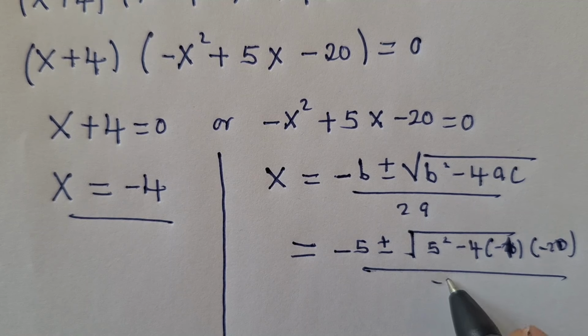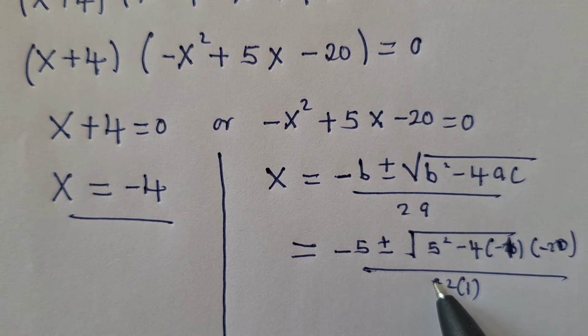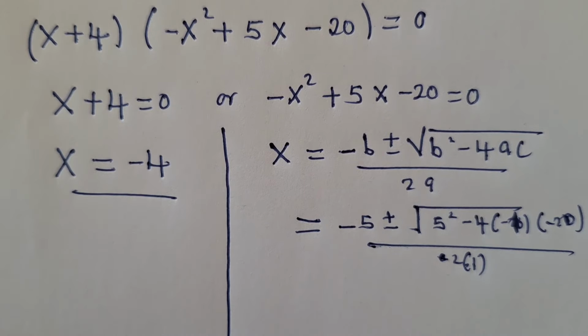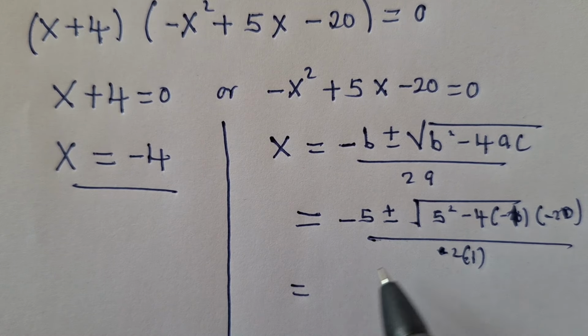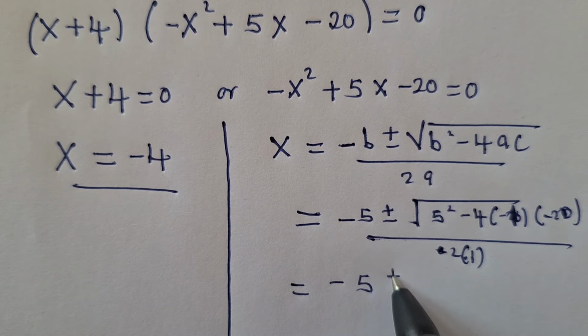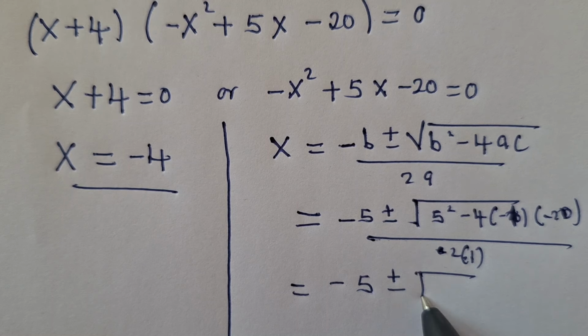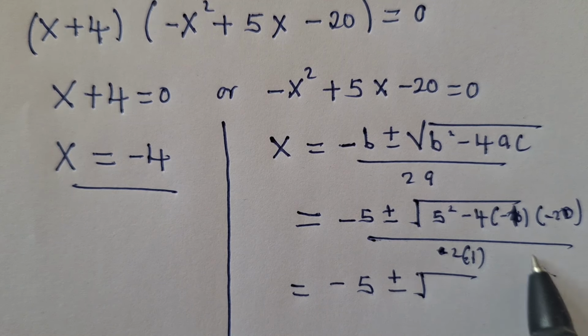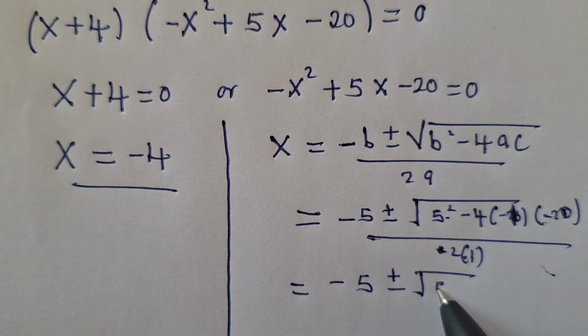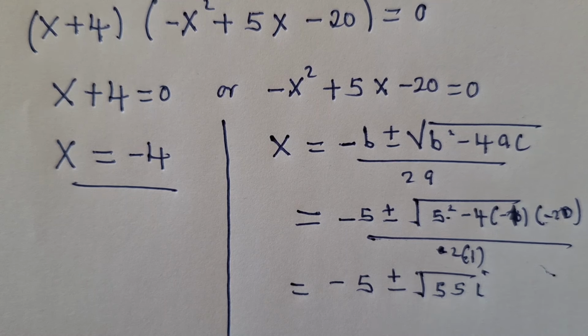So now from this stage, we simplify. We've got -5 ± √(what is inside). When we work out what is inside, we're going to get negative 55.